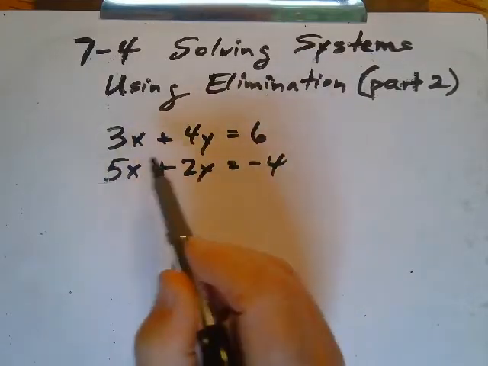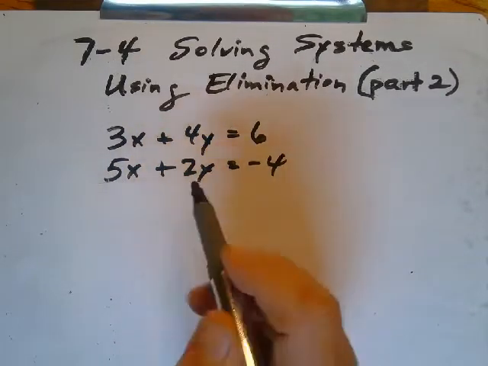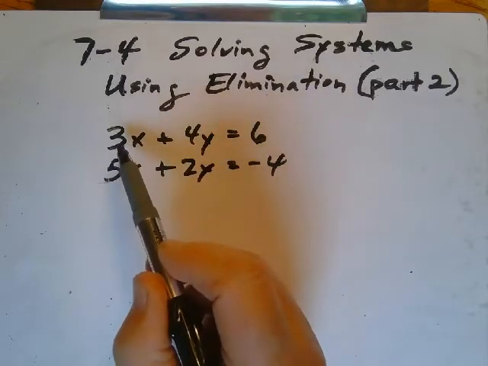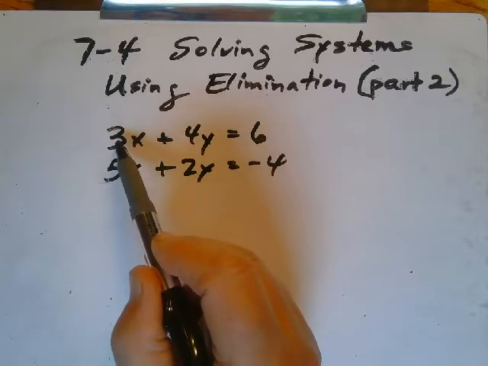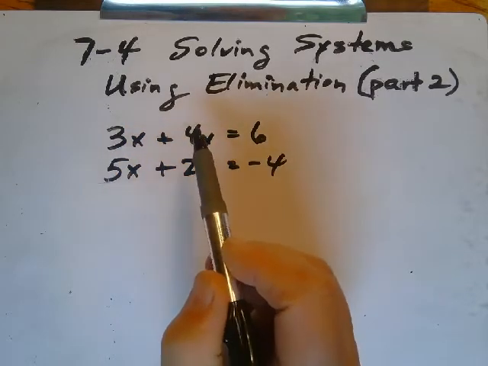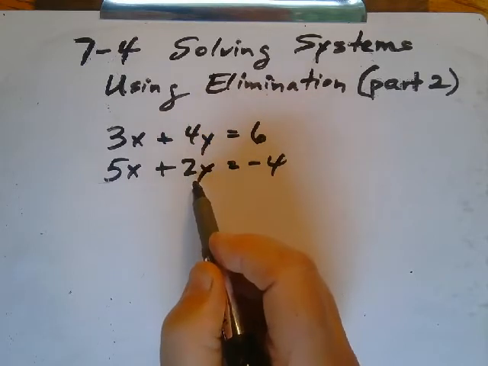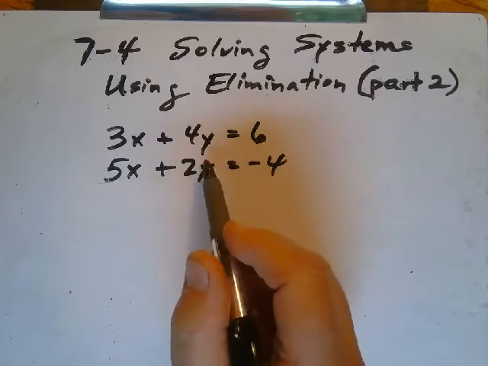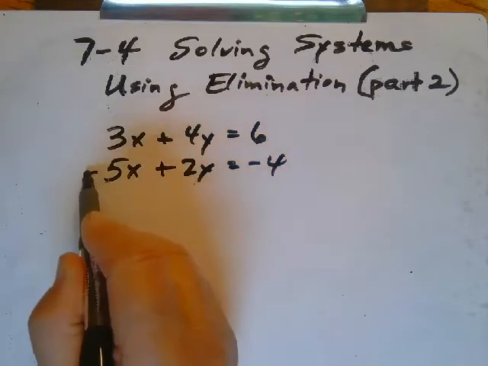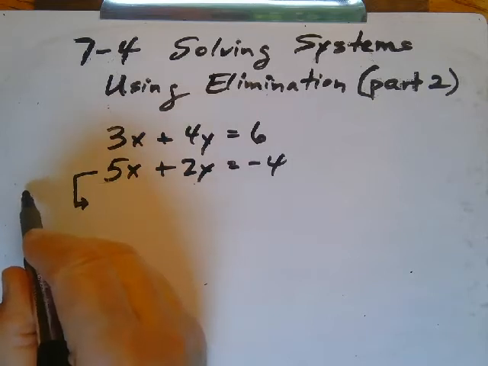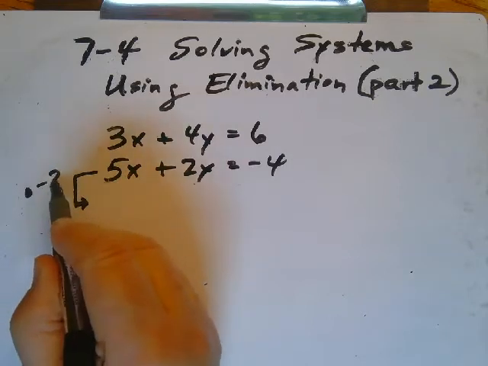Now, as you study this, which of those looks like it'd be easier to do? To get, in other words, maybe 15x and a negative 15x, or 4y and a negative 4y. Well, it sure looks easier that we could get y to go out if we multiply this lower equation by not -1, but by -2.